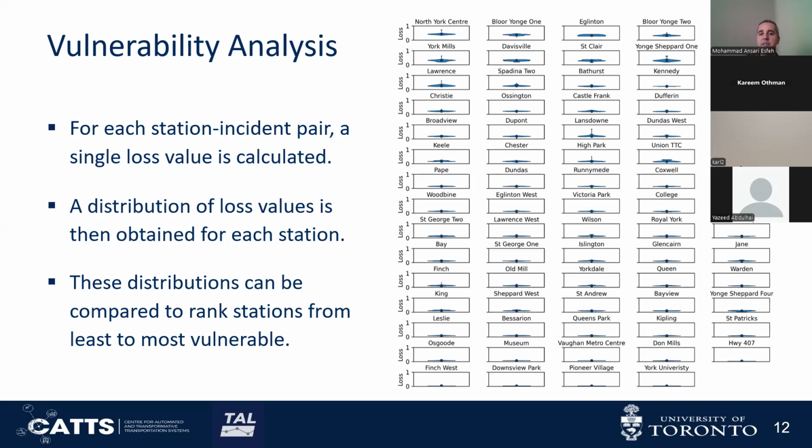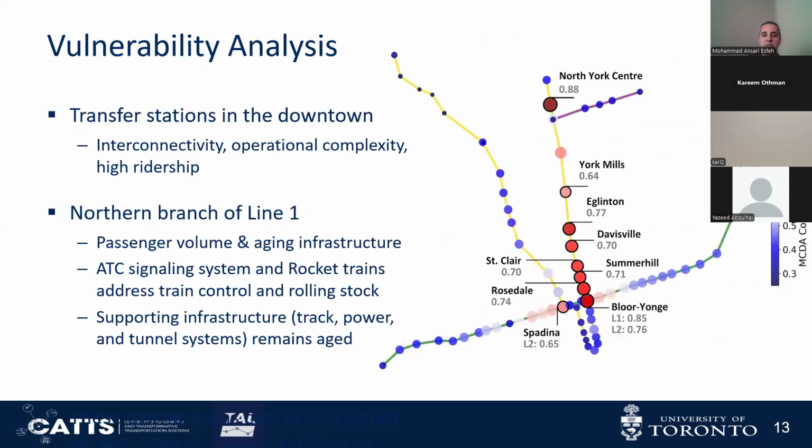The width of the violin, on the other hand, shows the variability. So wider violins indicate that the impact of incidents at that specific station is more volatile. Characterizing each of these distributions by its mean and standard deviation, we create a composite score to rank the stations and compare them in terms of vulnerability.